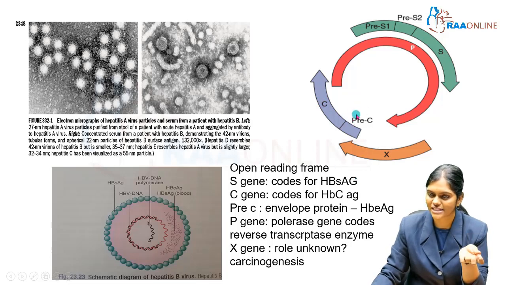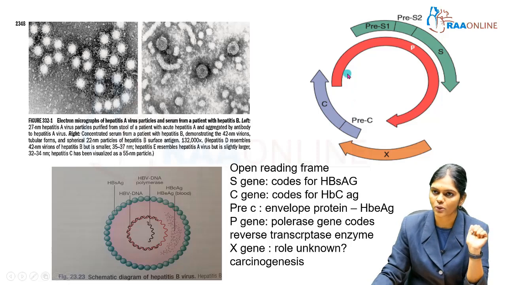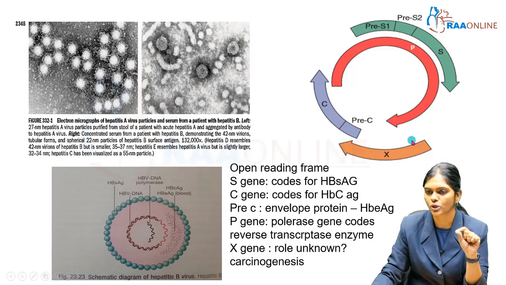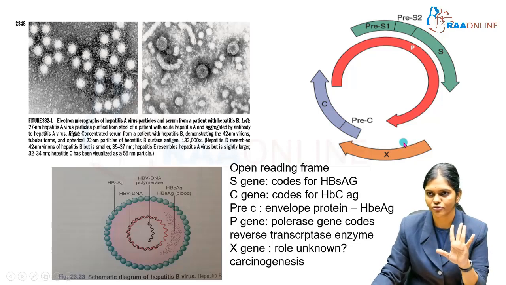So HBeAg, as we will be dealing later, in a patient with HBsAg indicates infectivity of the virus. Okay. Now this P gene codes for the reverse transcriptase enzyme. And the X gene, generally the role is unknown. Some role in carcinogenesis is implicated, but generally the role is unknown. So these are the 4 genes. First is S, C, P and X gene.